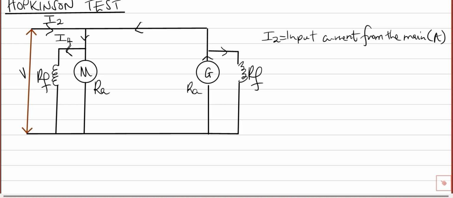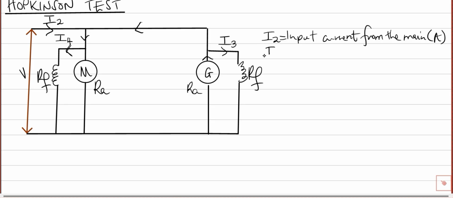Now we need the current which passes through the field on the generator side. By the same principle, they refer to I4 as the motor field current. For the one on the generator side, they say generator field current, and in our case it's I3.